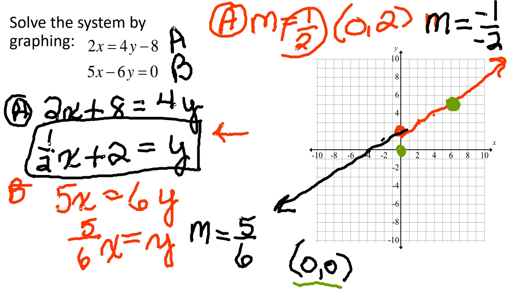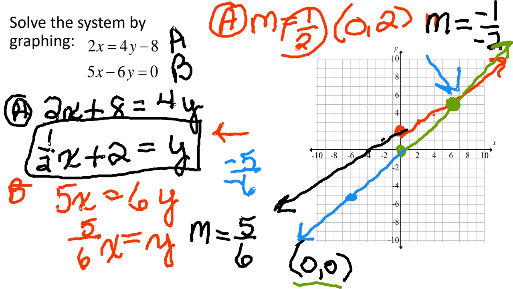I'm going in this direction. If I take the opposite, which is -5 over -6, down 5 over 6, I go this way.